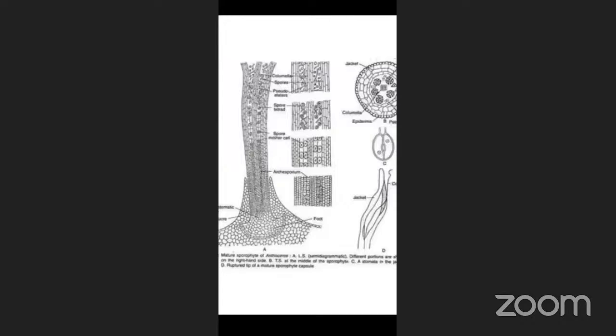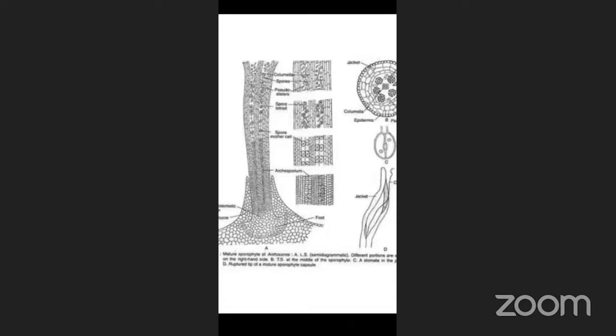The sporophyte in Riccia is simple, a solid object, radial in construction, without any appendages and lacking self nutrition. We know that in Riccia. Lack of self nutrition means it depends on the gametophyte only. There is no foot, seta and capsule.